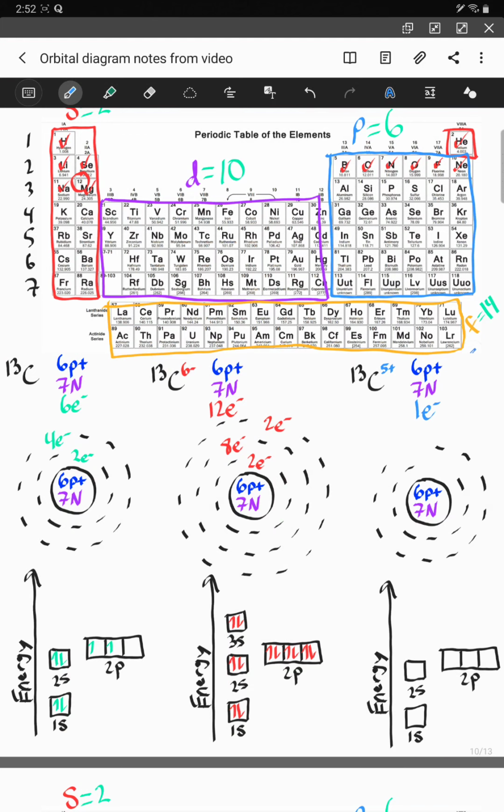So this means that we have 1 total electron for carbon with a positive 5 charge. So I'm going to draw in the electrons on the Bohr model here. And since I only have 1 electron, it's going to go in the first energy level by itself.